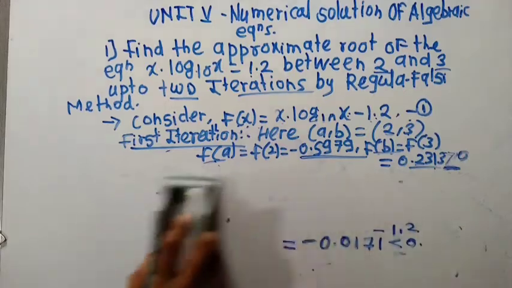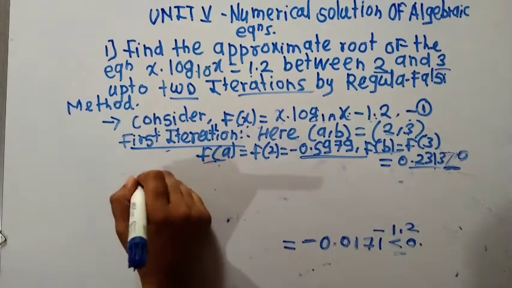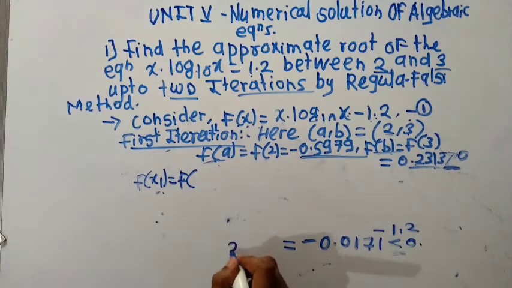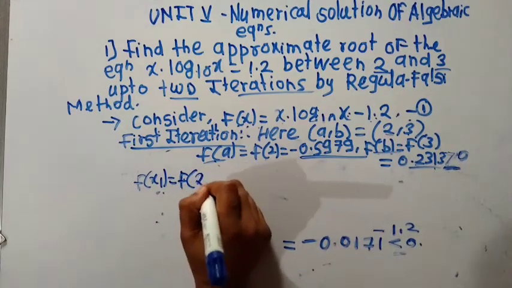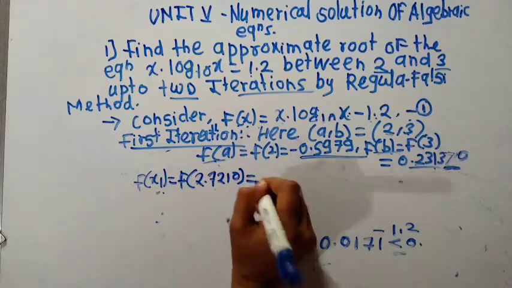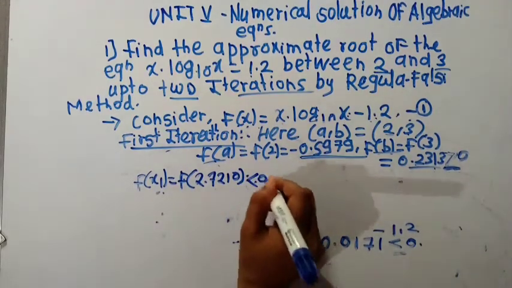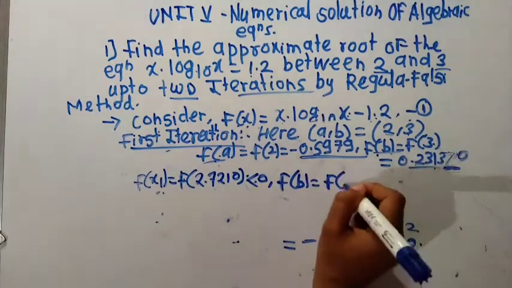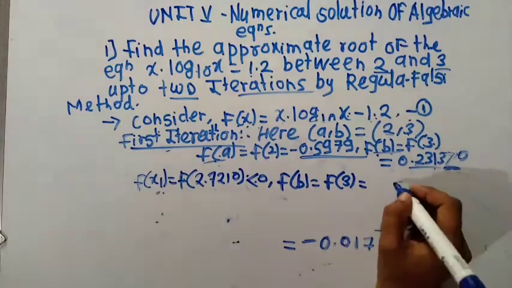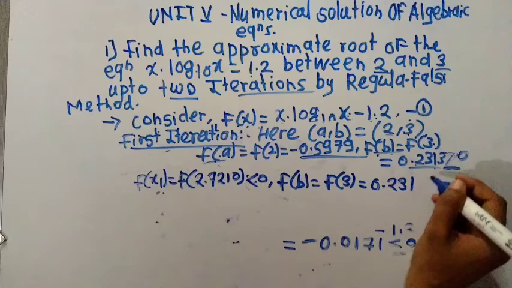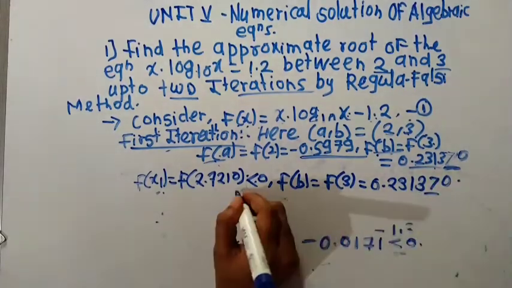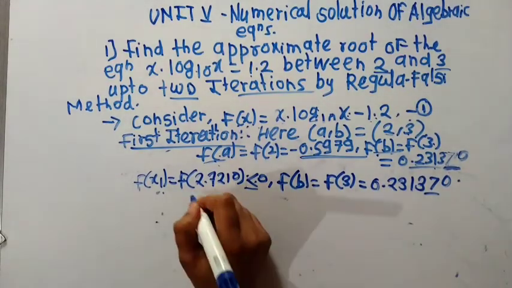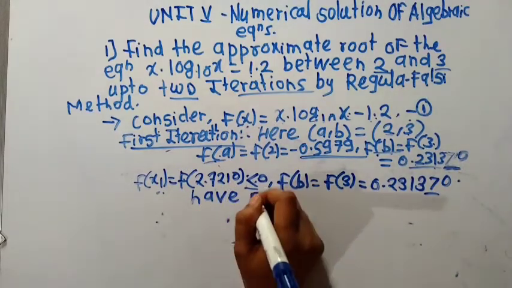So here f of x1, which is equal to f of 2.7210, is less than 0, and f of b, which is equal to f of 3, which is equal to 0.2313, is greater than 0. So it has opposite sign.